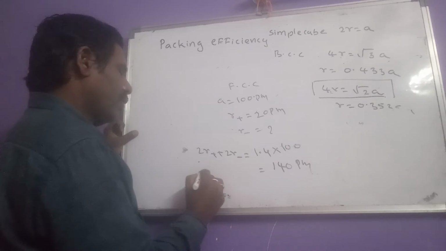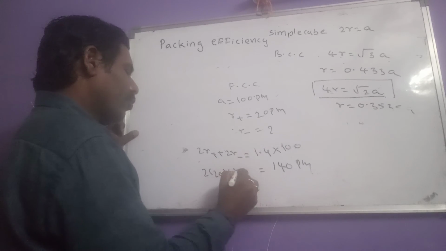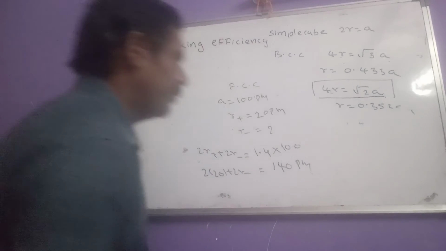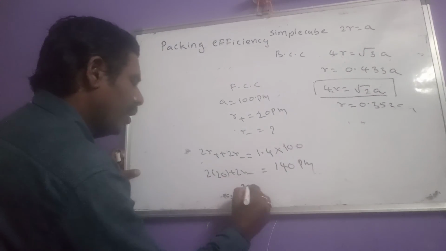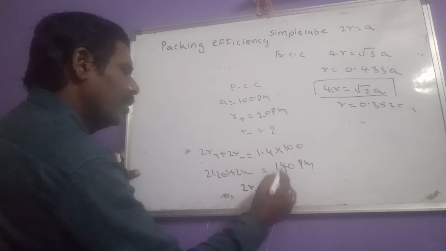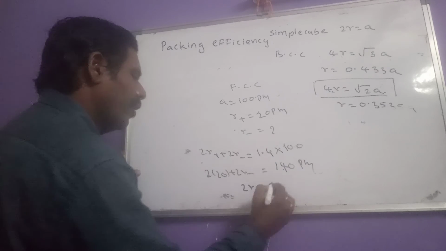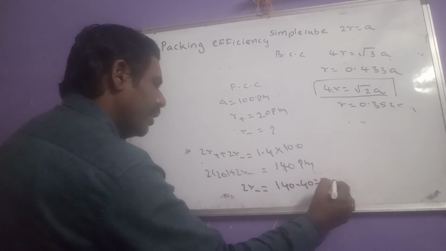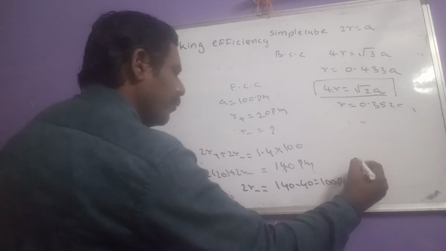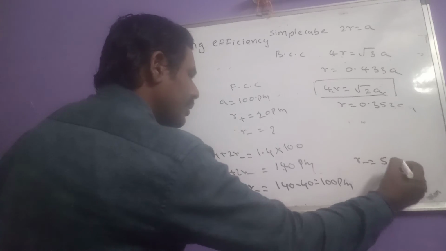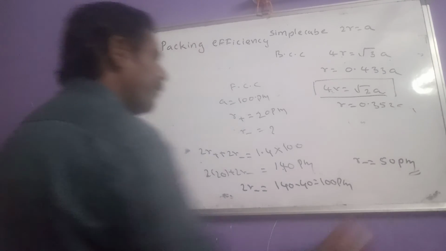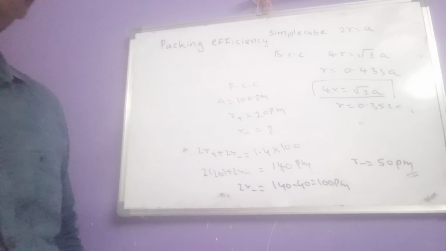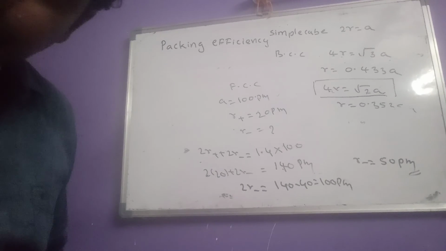Now 2 into 20 plus 2r minus. 2r minus equals 140 minus 40, which is 100 picometers. Therefore radius of anion is 50 picometers.